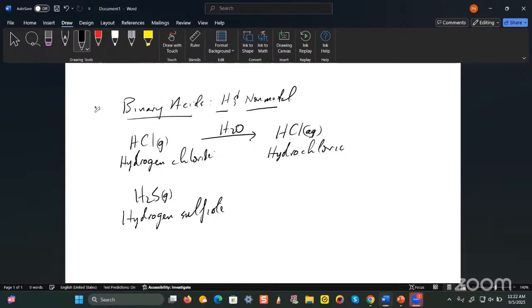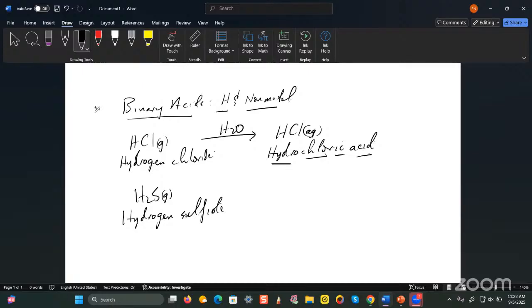So just to briefly describe how we get the name, for naming binary acids, they all start off with hydro, right? And then you have chlor, which is the stem of the name of the other element. And then it ends with ic acid, right? And that is basically the format that you would use to name binary acids. Hydro, then the stem of the name of the other element, then ic acid, all right?